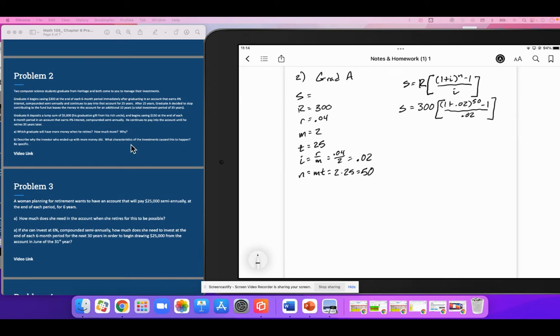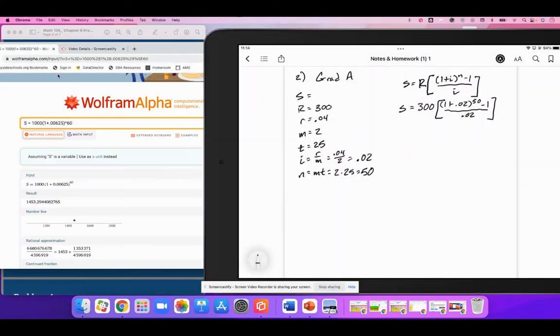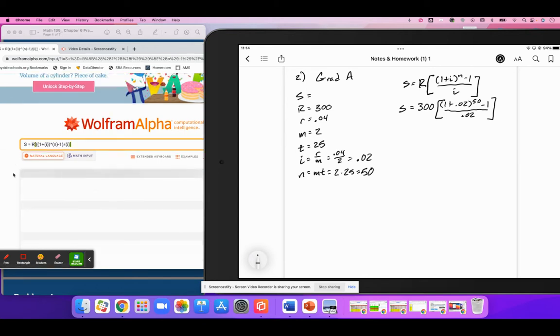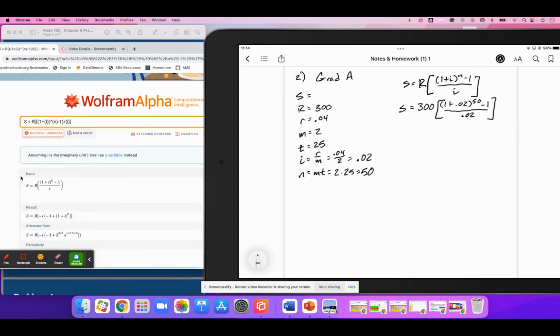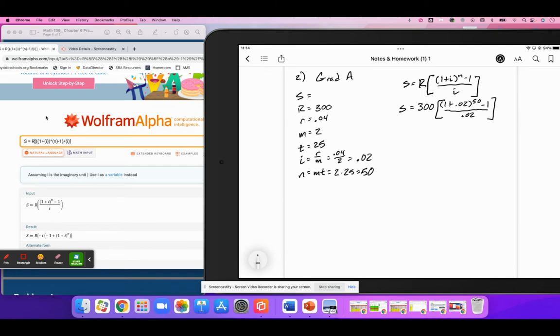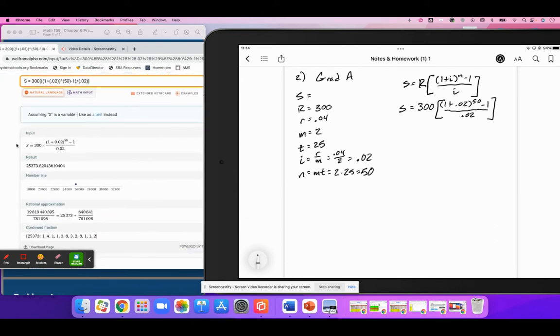And so back to Wolfram. Paste my formula in. And the payment each period is going to be $300. I is going to be 0.02. And N is 50. And so this person is going to end up with $25,373 in this account.